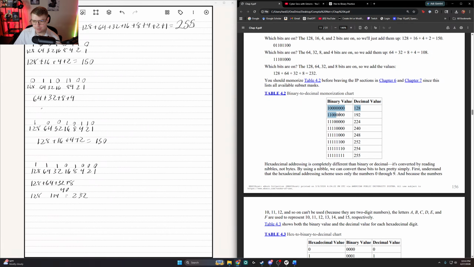So this is a really interesting table right here, especially for subnetting.